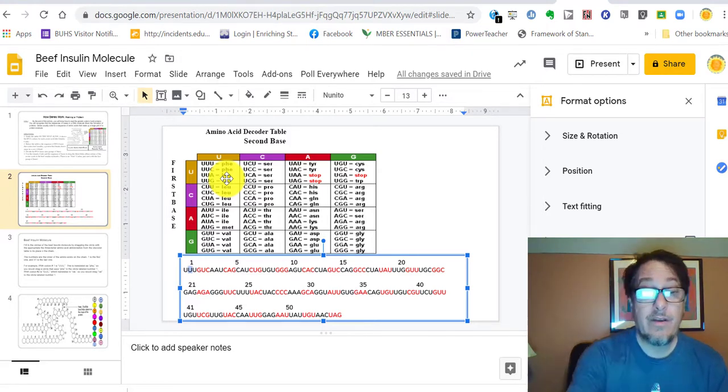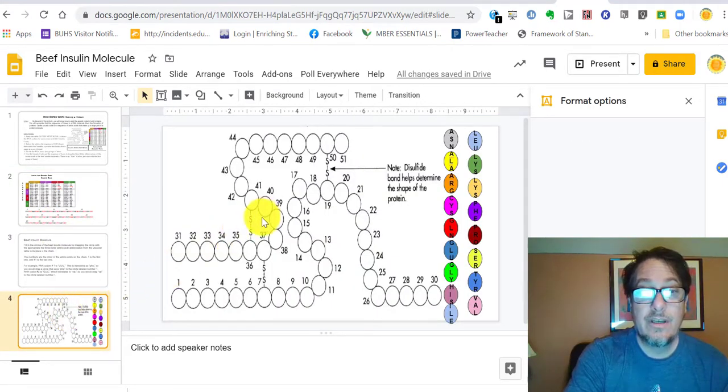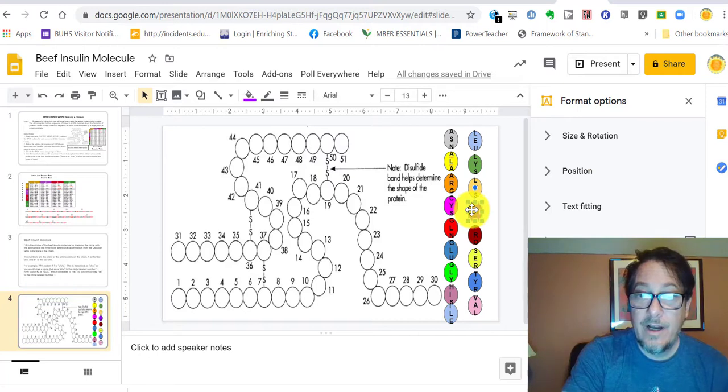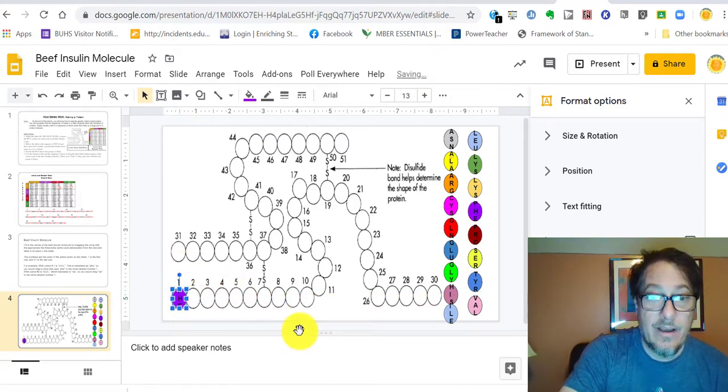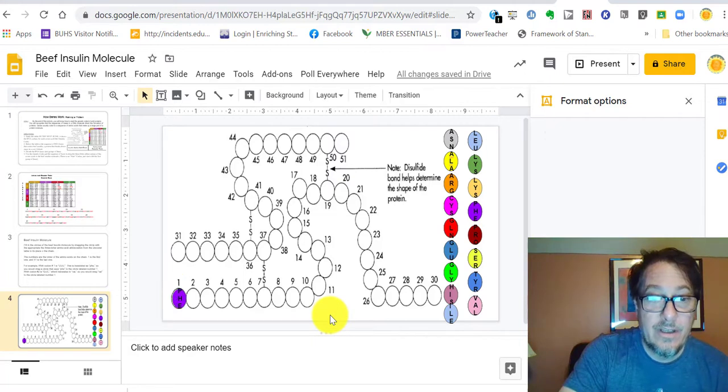Well, now that we figured out that number 1 is phenylalanine, PHE, you go to this sheet, slide 4, and you look for PHE. These are all in alphabetical order. And we find PHE. We highlight it. We drag it over to circle 1, and there we have PHE.